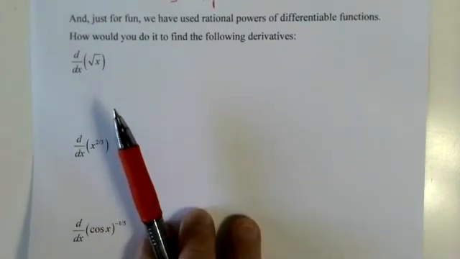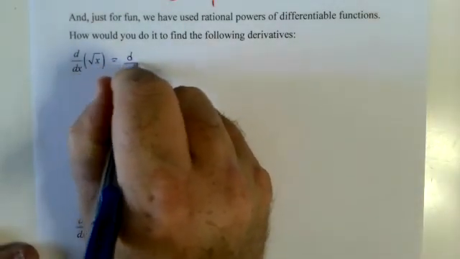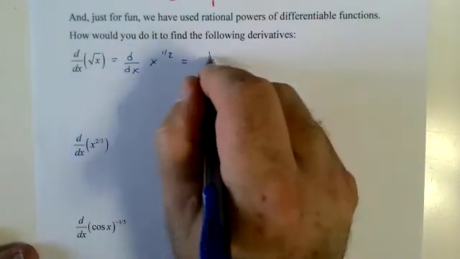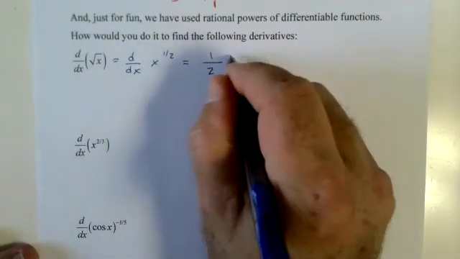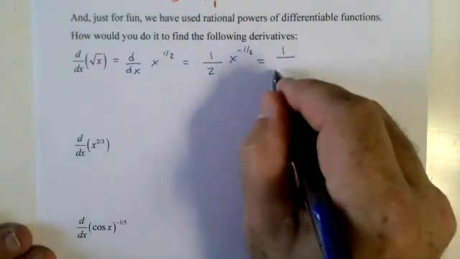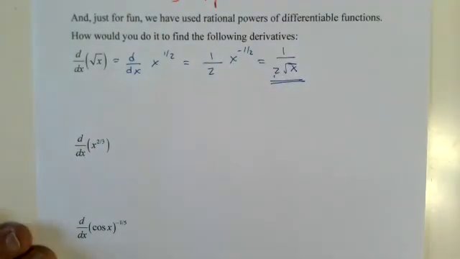All right. Just for fun, we've already done this quite a bit, but I never really said it officially. 1/2 x to negative 1/2, and I always jump and go with 1 over 2 root x. Now, normally I would rationalize that, but you don't have to in this class. Yes, that's right.